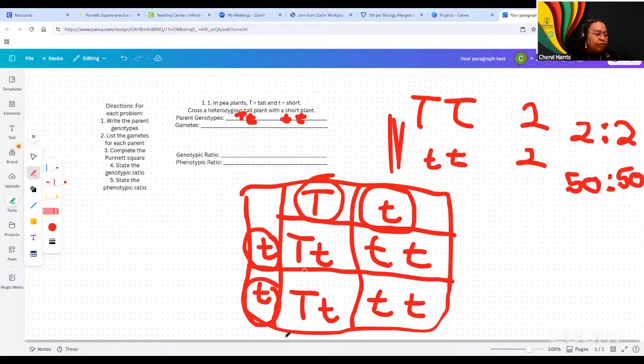Half of the offspring can be heterozygous tall, because tall is dominant, and the other half are going to be short, homozygous short. So let me write that.